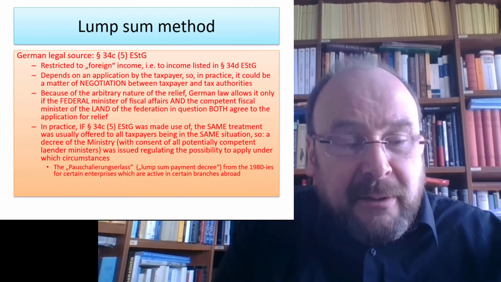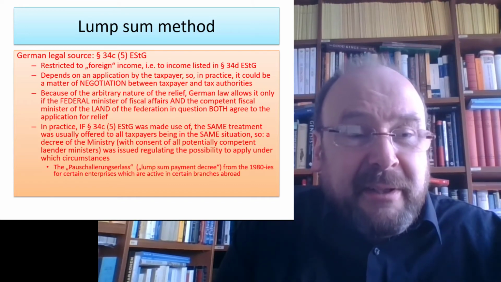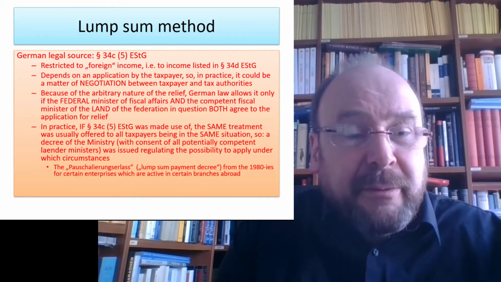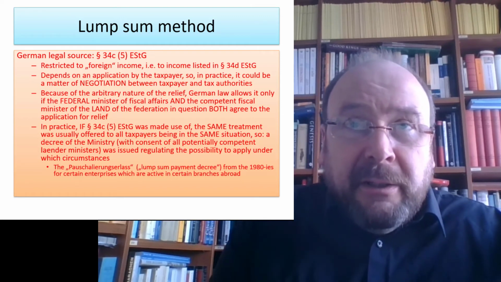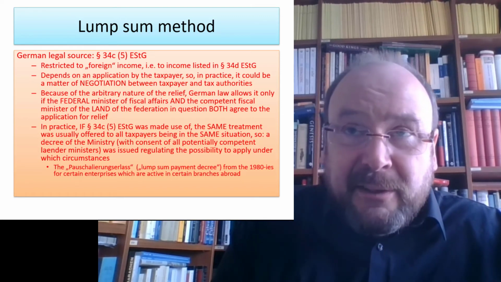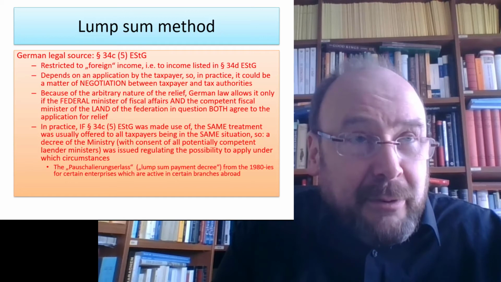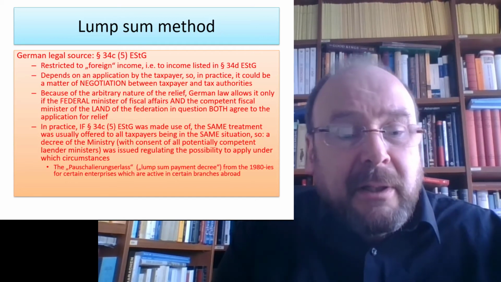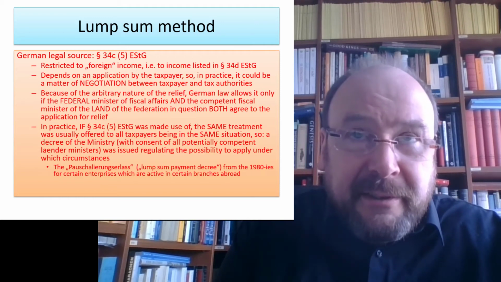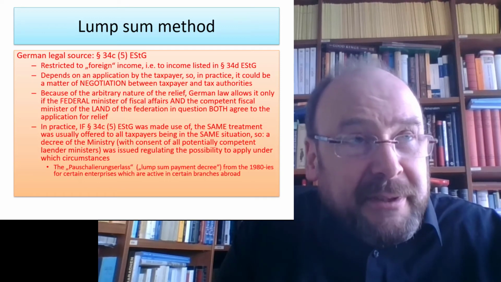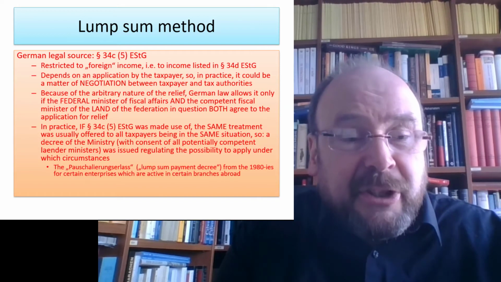There is also still a decree on workers' and other employees' income from foreign countries where there is no double taxation treaty, the so-called Auslandstätigkeitserlass, or one might translate it as the foreign workers and employees income decree, which says that under certain circumstances, in very few branches and very few selected countries, one can appeal to the German authorities that the tax for the foreign income is reduced to zero in Germany.